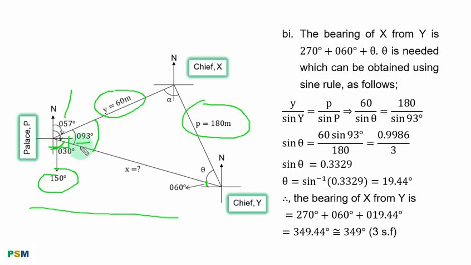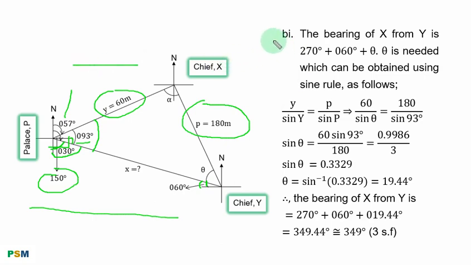If from here to this point is 030 degrees, this remaining angle must be 060 degrees, which is equal to this angle, alternate angles. This is the A part, the diagram.